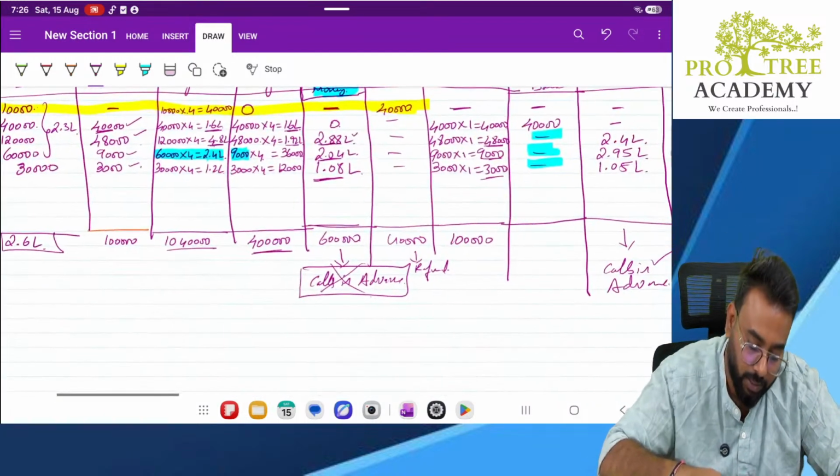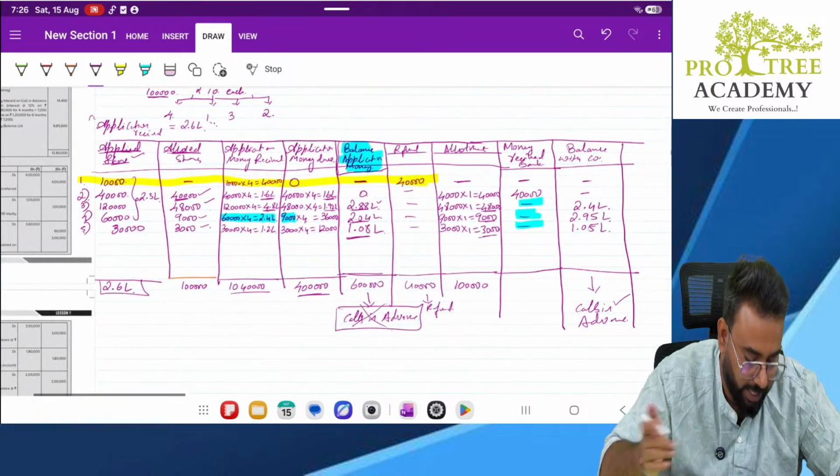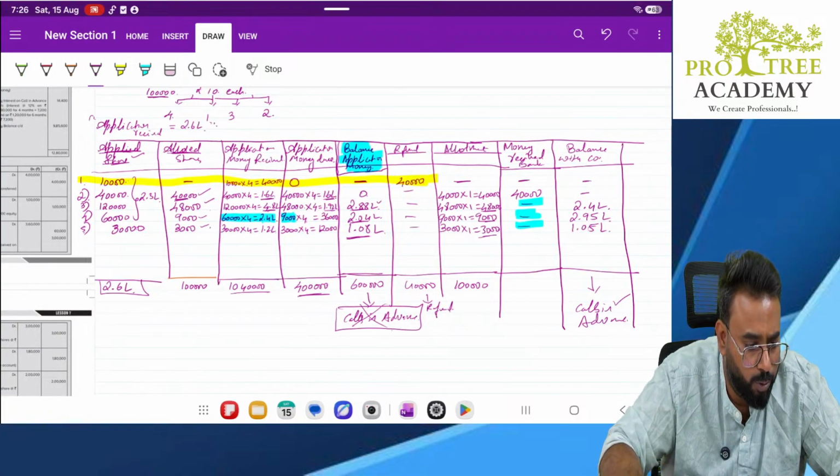Okay, please note down this table. Take a screenshot, whatever suits.